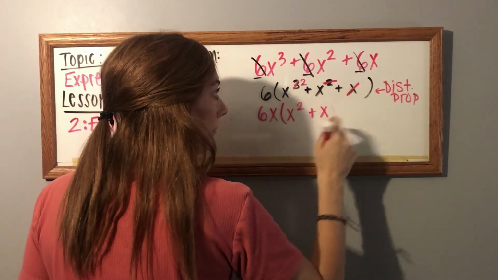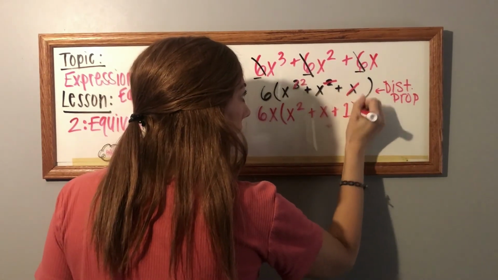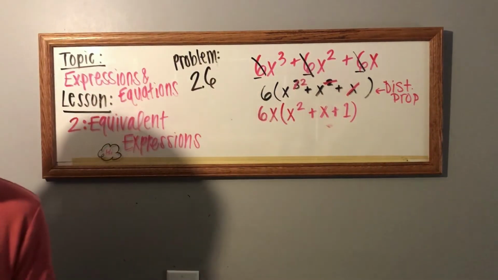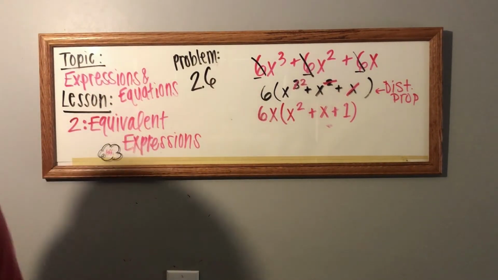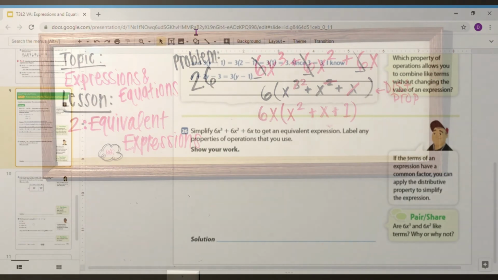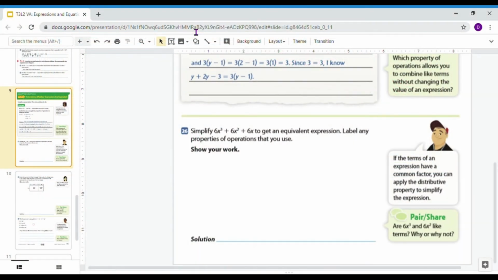And now I know you're thinking, but Miss Campbell, you pulled out the 6x. Why do I need to keep the 1 in there? The reason is that if you don't put the 1 in there when you go to distribute this, you will not get your final term of 6x. So let's go back and distribute this and make sure that it makes sense.